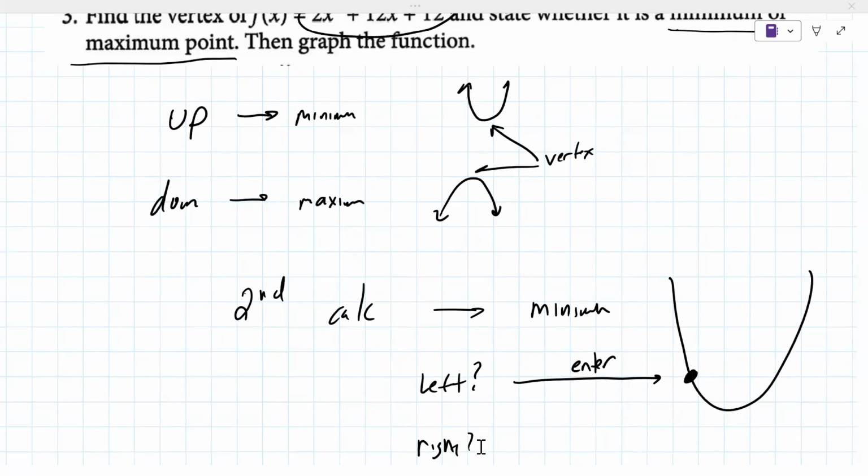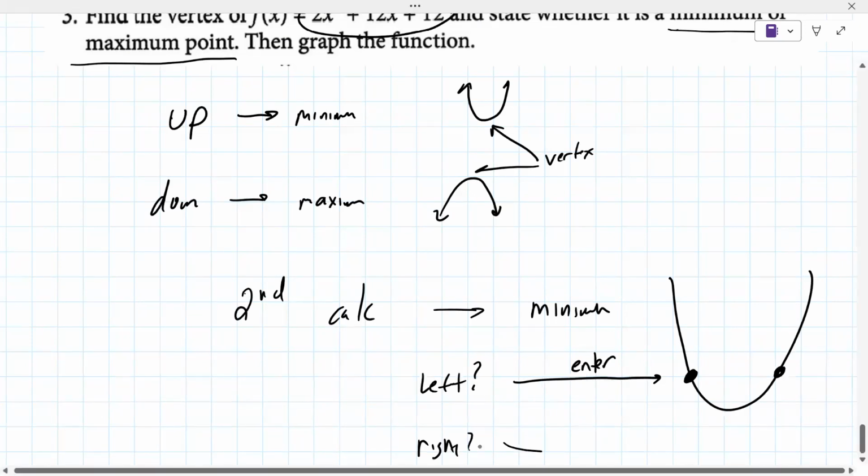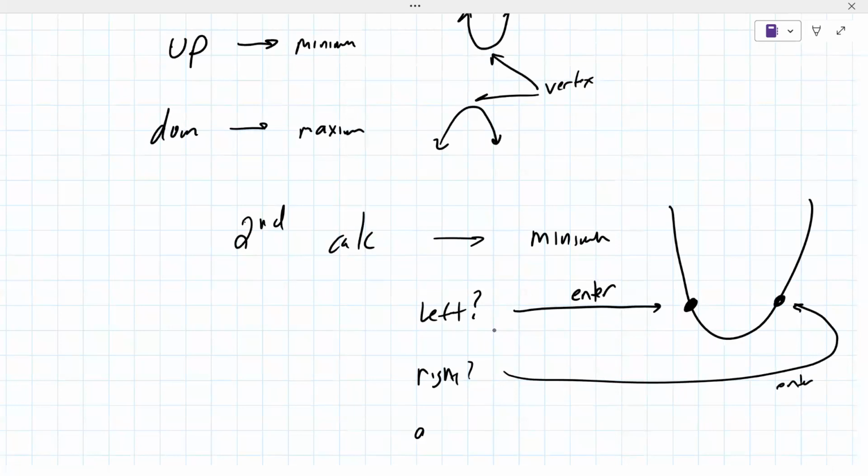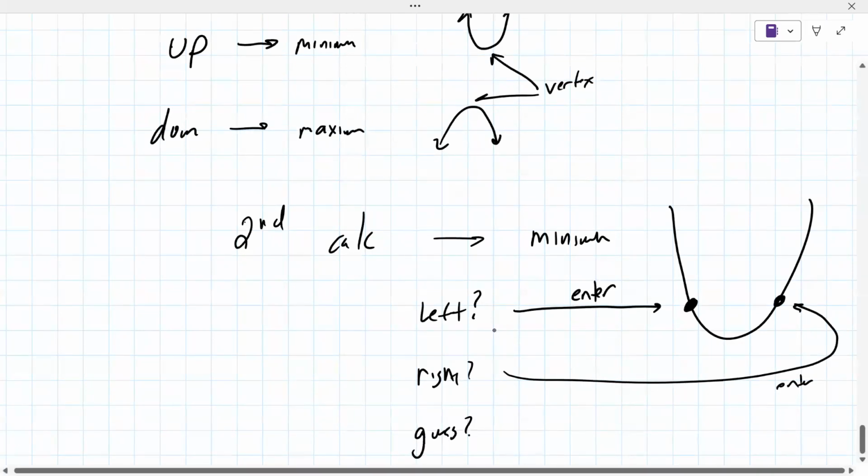Then it'll say right bound. So you want to go somewhere right of it. You want to trace until you go to the right of it and hit enter. Then it'll say guess, and you'll hit enter again.